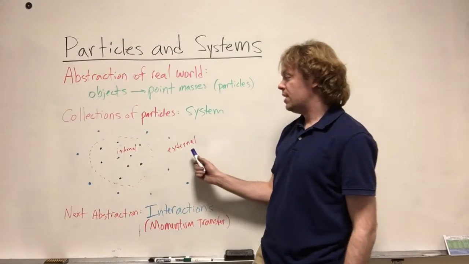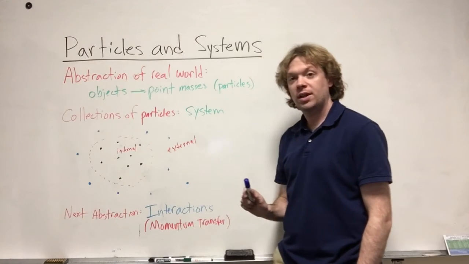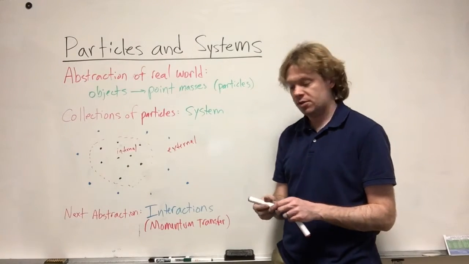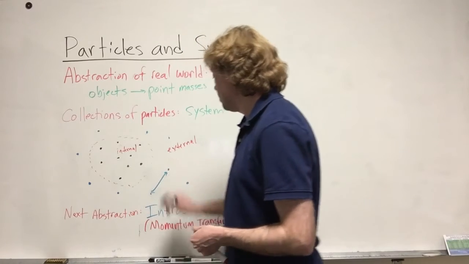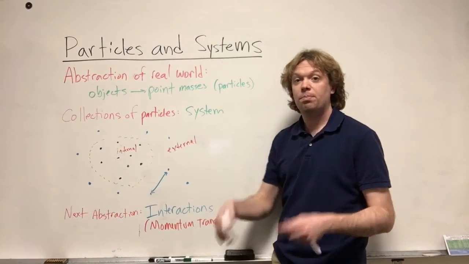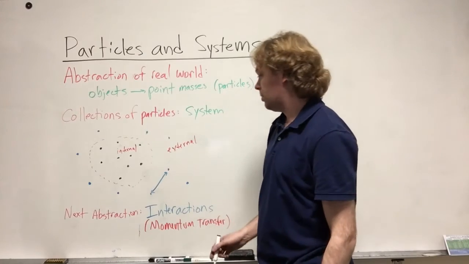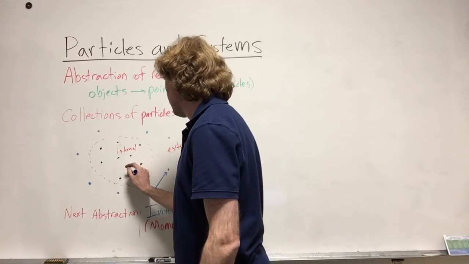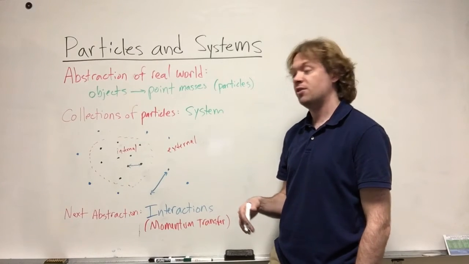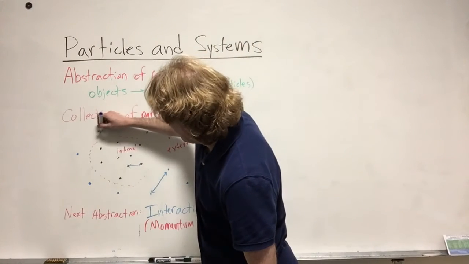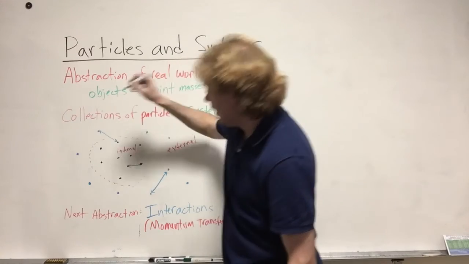Now that we have an internal system and an external system, we can talk about three different kinds of interactions. We can have an interaction between two external objects, so that's two objects which are both outside of our system. We can have internal interactions, that's interactions which are between two internal objects. And then of course we can have interactions across the boundary, which are interactions between an internal and an external object.